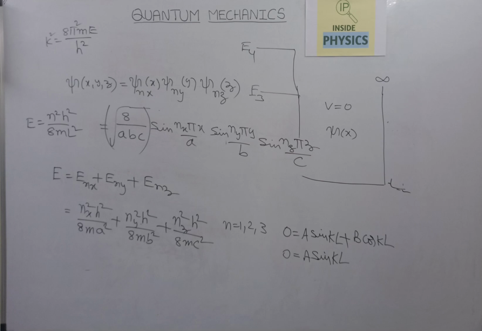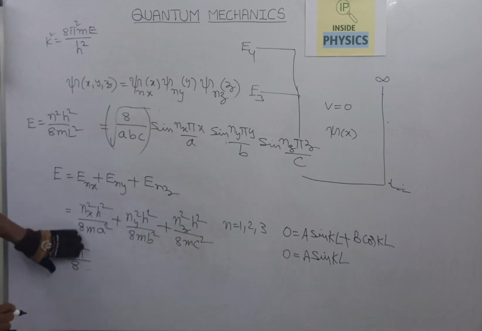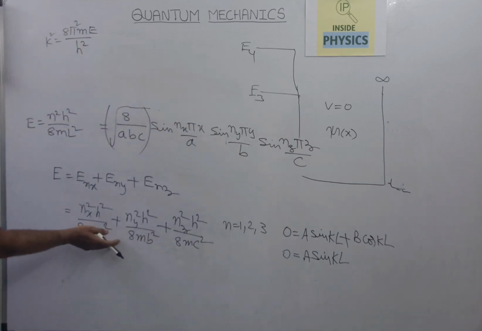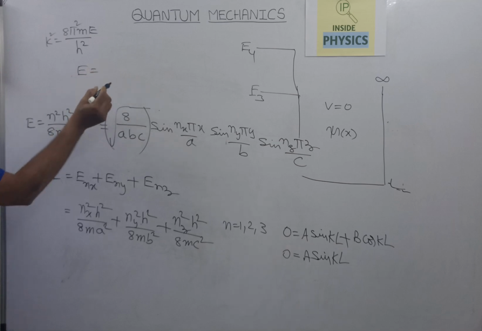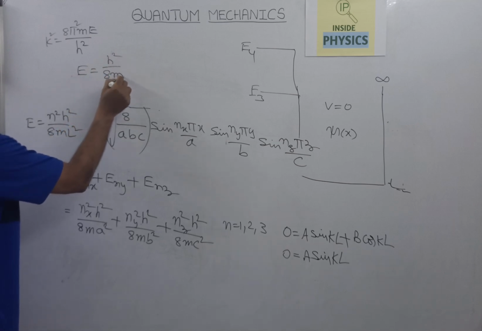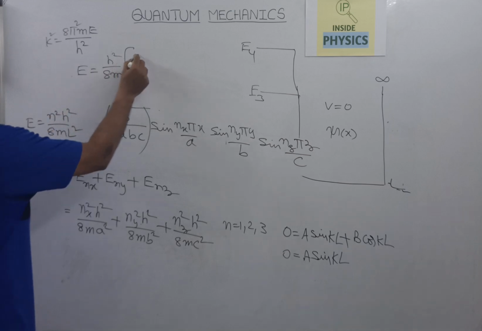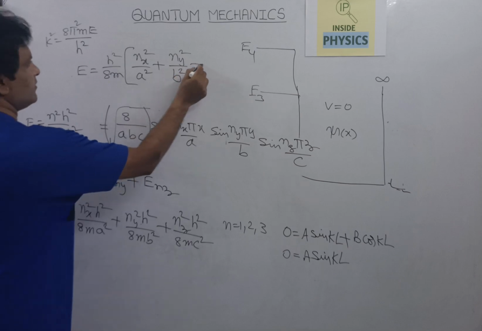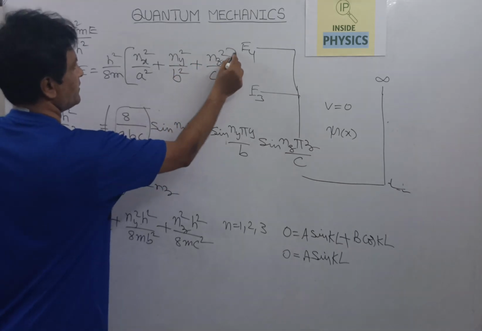From that we can take h square by 8m out as a common factor, and the final equation will become: energy is h square by 8m into nx square by a square plus ny square by b square plus nz square by c square.